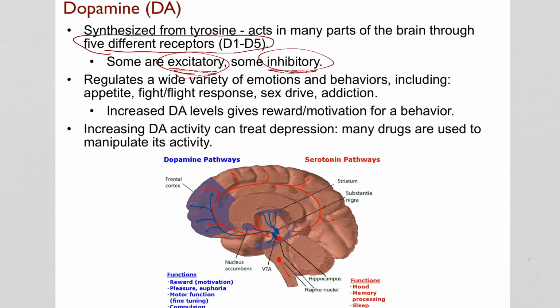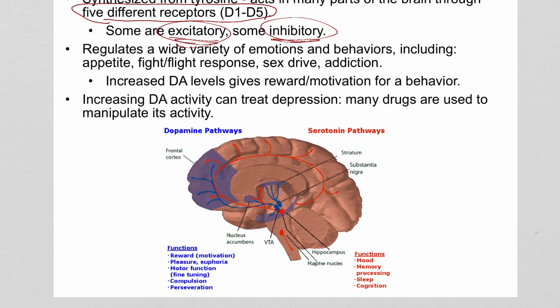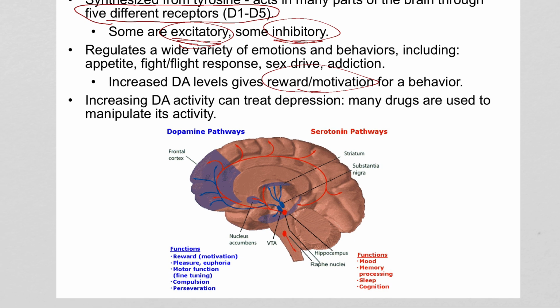All right. In general, dopamine is associated with reward and motivation. And a lot of times these are given as the 4 Fs: feeding, fighting, fleeing, and, for the sake of keeping this PG-13, fornicating.